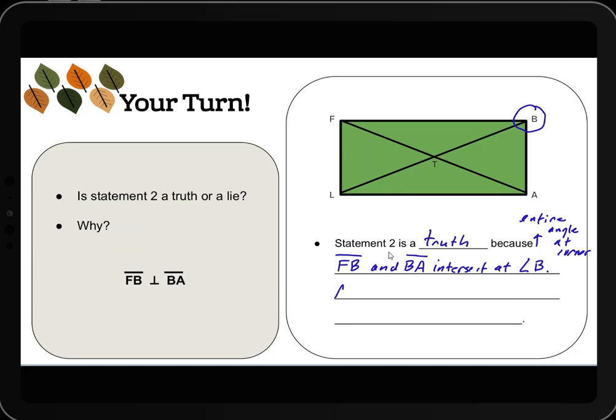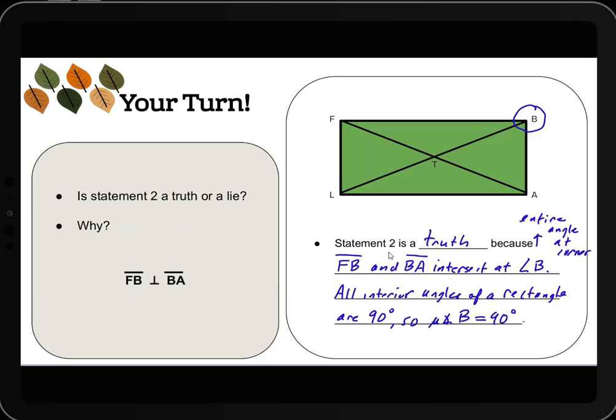What we know about the interior angles of a rectangle is that the interior angles of a rectangle are 90 degrees. So that means that the measure of angle B has to equal 90 degrees.